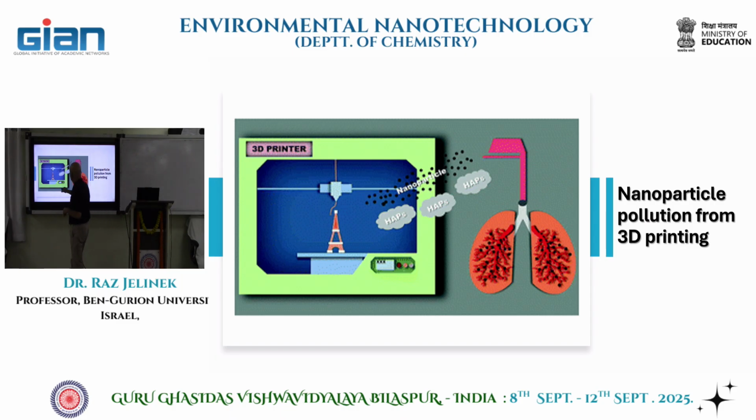For example, 3D printers. 3D printers are a very big industry right now. Sometimes people take 3D printers and put them in their homes. But when you print something using a 3D printer, the polymers, plastics that you use for printing can go in the air, fill the room, and this is air pollution.